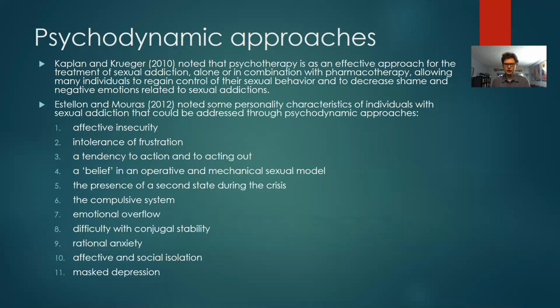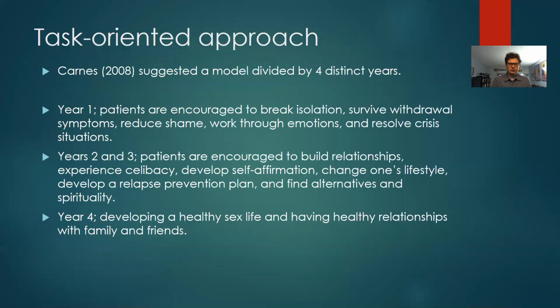So: affective insecurity, intolerance of frustration, a tendency to action and to act out, a belief in an operative and mechanical sexual mode, presence of a second state during the crisis, the compulsivity system, emotional overflow, difficulty with stability in terms of relationships, conjugal relationships, rational anxiety, affective and social isolation, and masked depression. So again, Estalon and Moras would note some specific areas that, if you're a psychodynamic individual, these are some of the areas that you would approach in terms of your particular psychodynamic treatment approach.